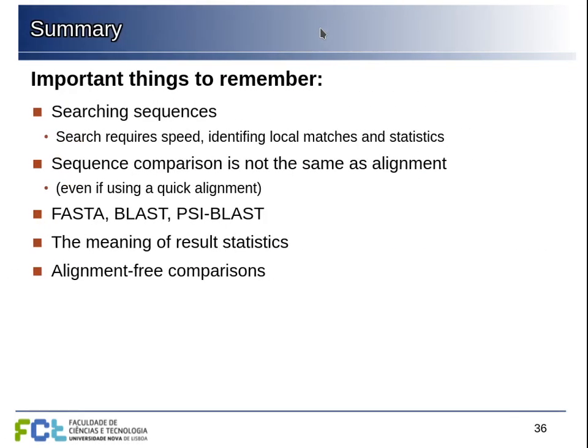So to sum up, this lecture was a bit different because I was not focusing so much on the details of these algorithms, but just giving you a more general idea of these different algorithms for sequence search and for comparing sequences in general.